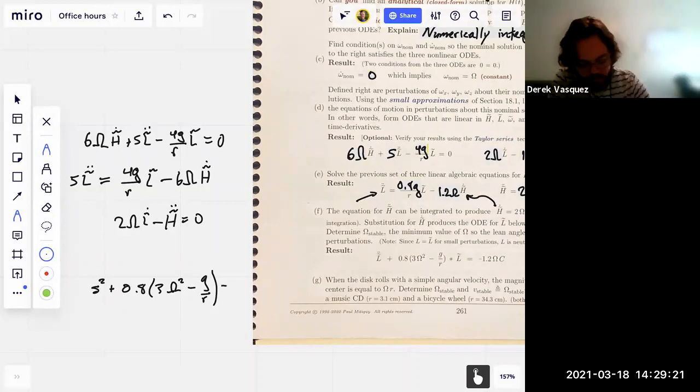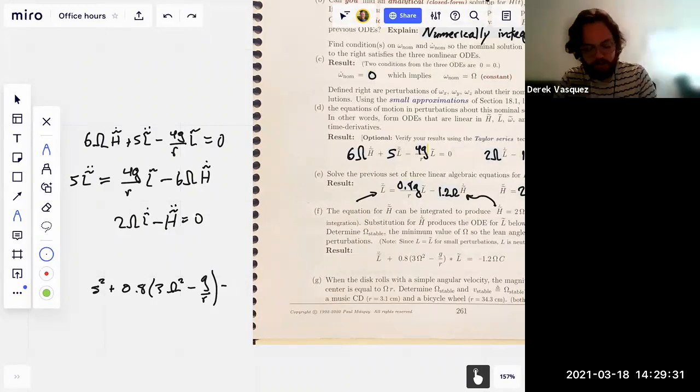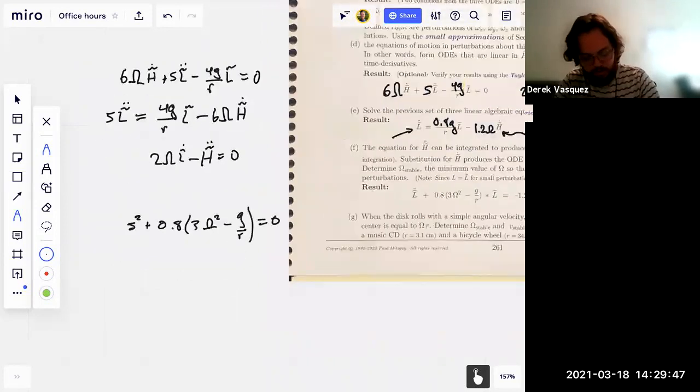So we're going to take that and we're going to set it equal to 0. Right? So that's our, or not equal to 0, but our condition is we have to solve this for s. Let's actually do this. Let's keep going forward. So we're going to set that equal to 0.